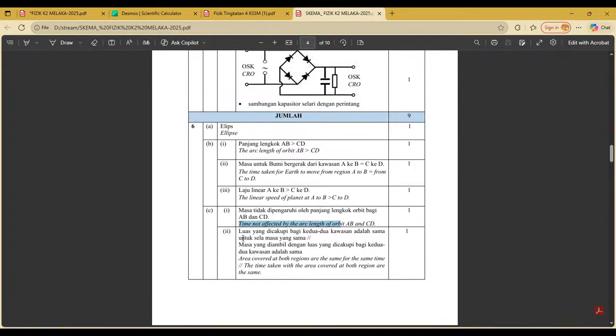How do you word this? Area covered at both regions are the same for the same time. Time taken with the area covered at both regions are the same.